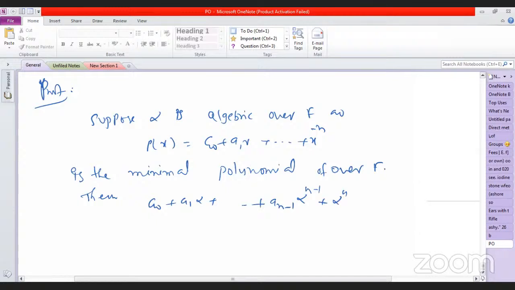So this is the minimal polynomial over F. Hence we are taking alpha^n and alpha^(n-1) here.